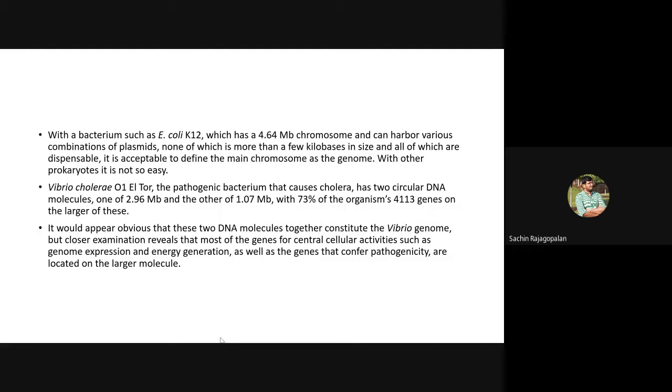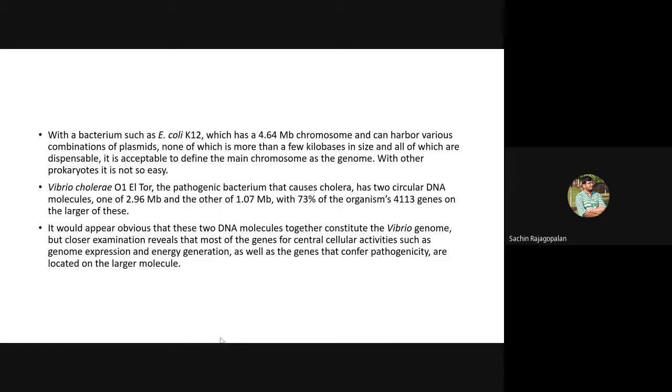So without the second DNA molecule, that organism is surely not going to be complete, and it may even affect its survival. So you have to understand, big or small, DNA has its significance, and if it is present in multiple molecules, then all those molecules have to be passed on to the future generation for them to possess those characteristics as the parental characteristic.